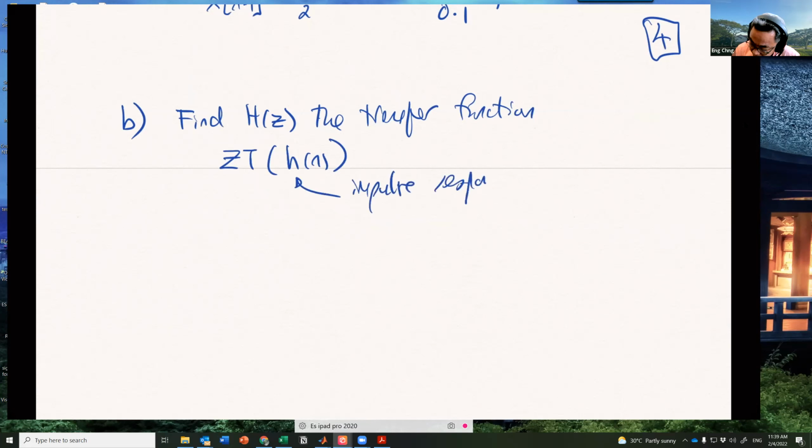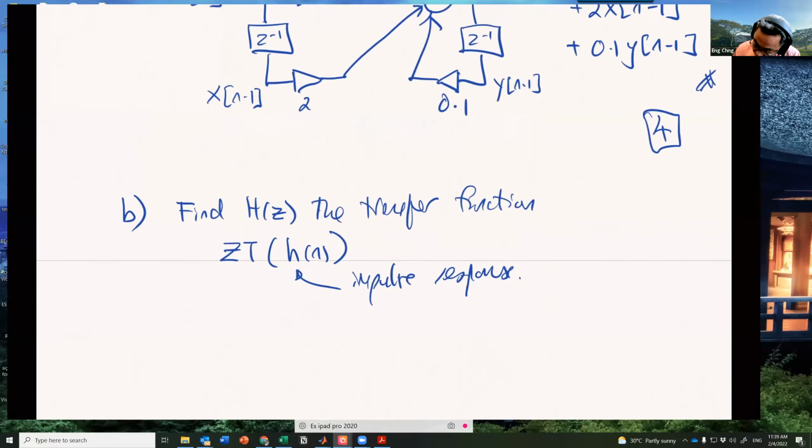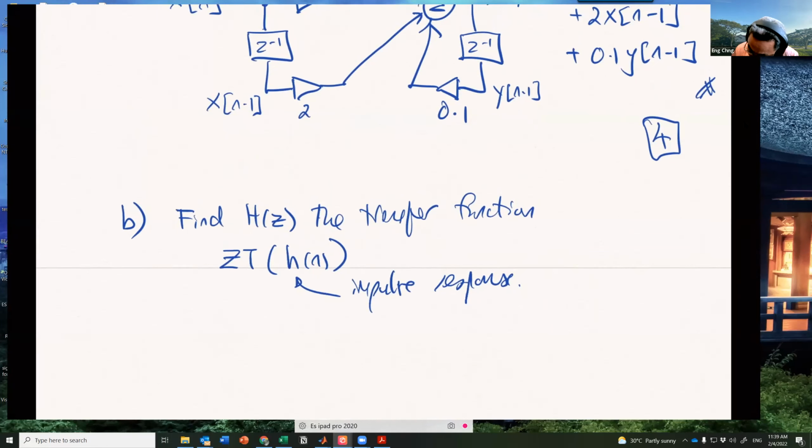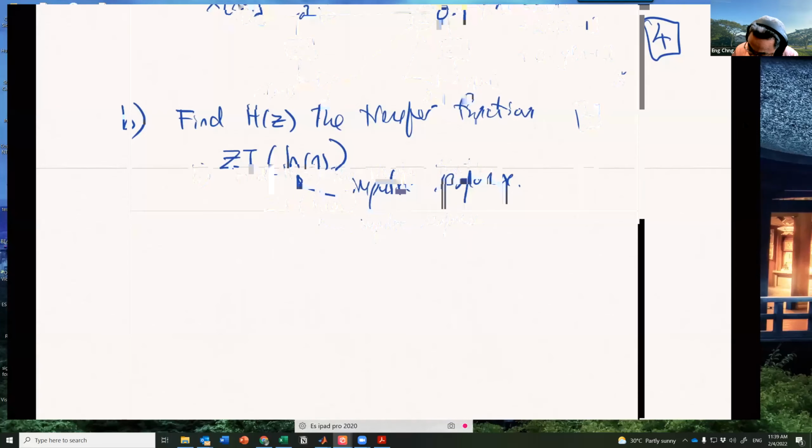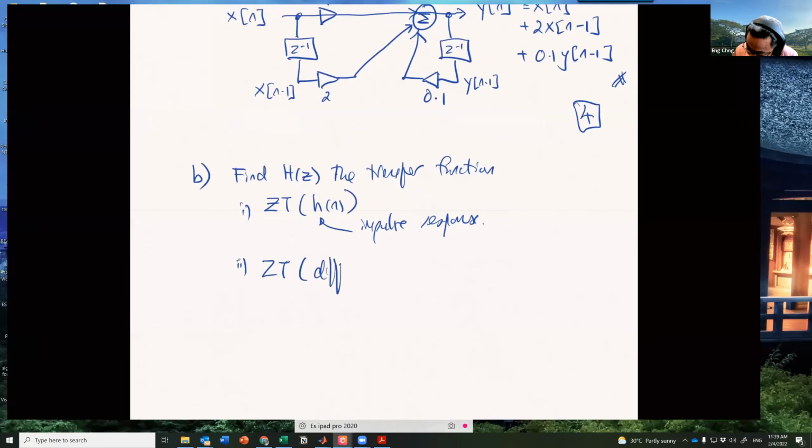That's one way to get it. Or you can actually, well, let's find the Z transform first. All right, so the Z transform can be done by this method or directly the Z transform from the difference equation. So we are going to use this method, okay?